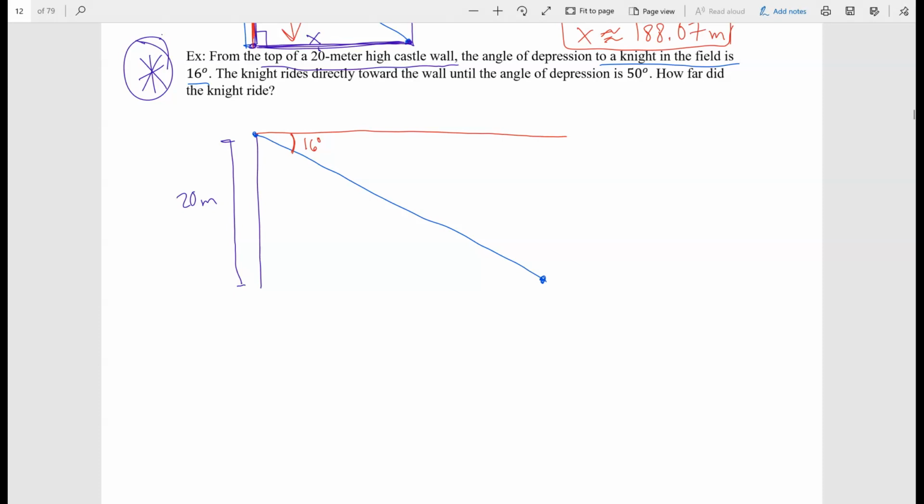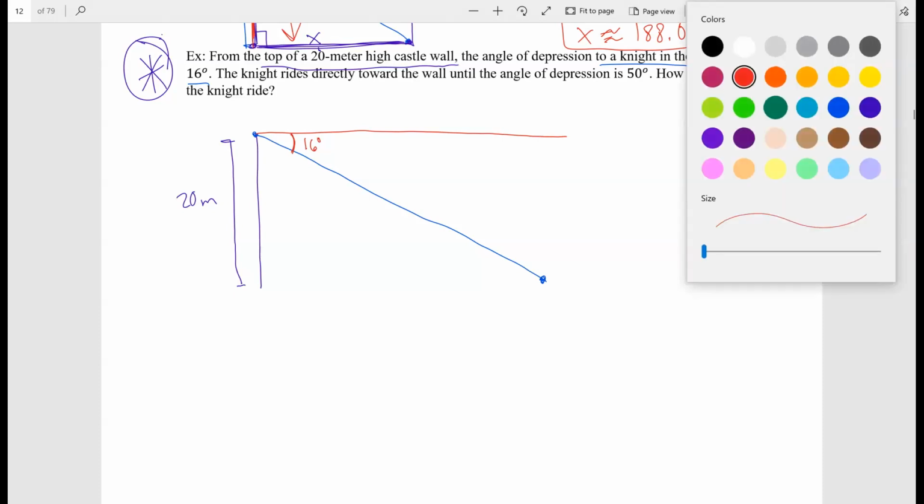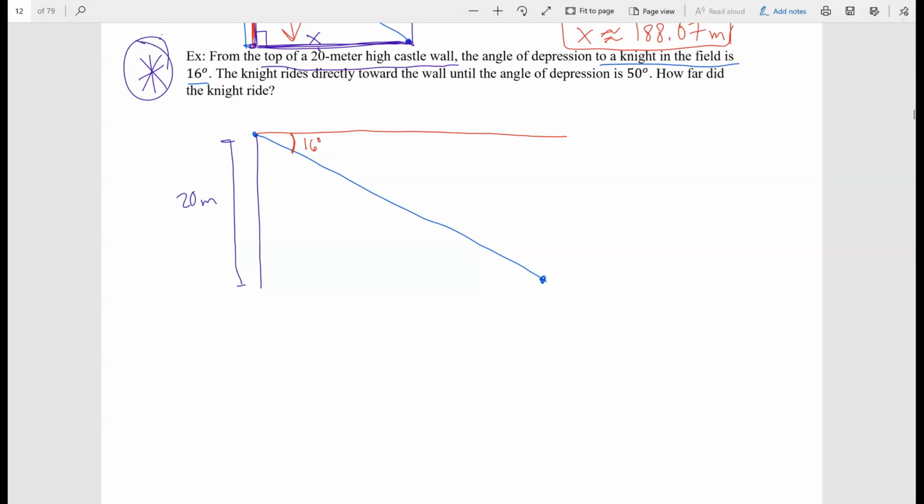So the knight rides directly toward the wall. The knight is heading towards us, toward the wall, until my angle of depression is 50 degrees. So now from here to here, it's now right here, and this whole angle is now 50 degrees.